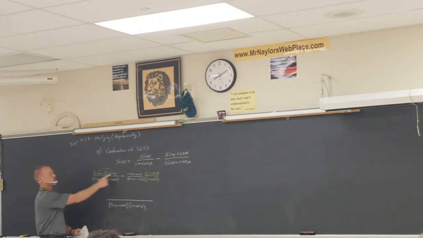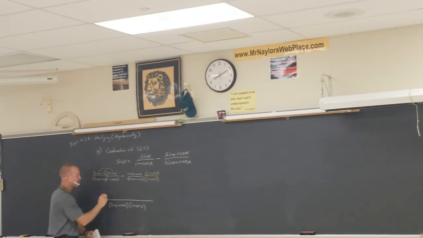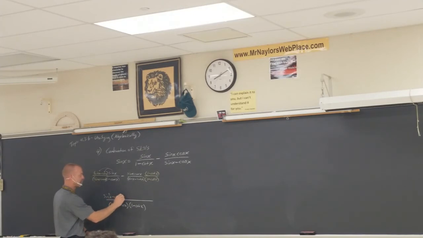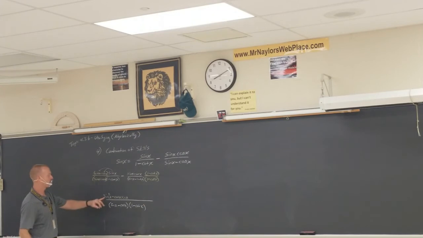So I'm going to distribute sine. Now I will say that, at least for starters, that seems like a good idea because you get a sine squared. It seems like when we get squares, good things happen. So we get sine squared minus cosine times sine.